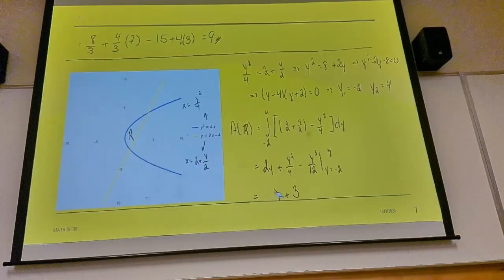I'm going to write this as 12. 4 cubed, negative 2 cubed. 64 minus negative 8. What is it? 72 over 12. 12 plus 3, 15 minus 6.